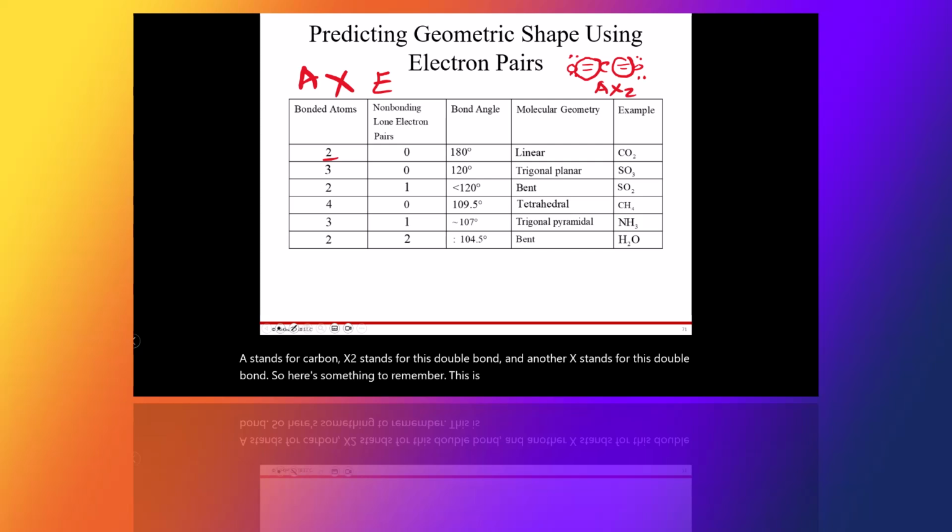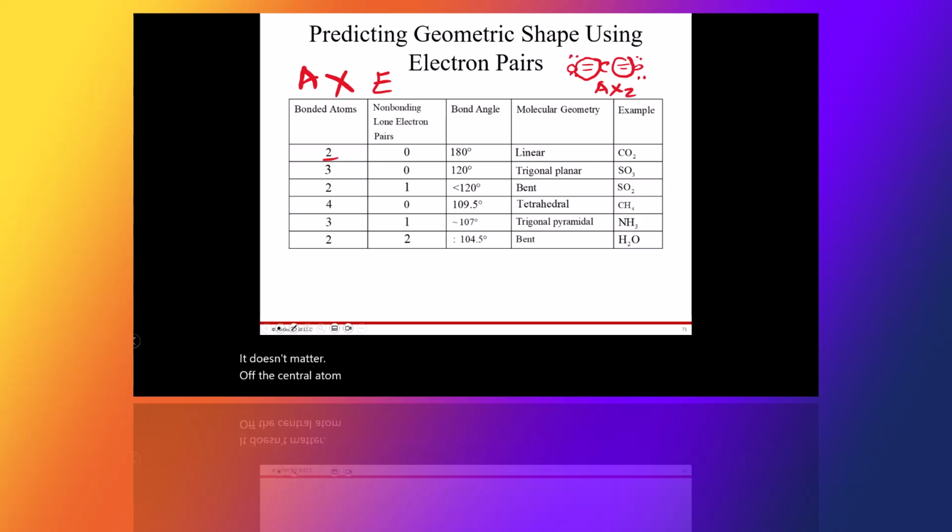It doesn't matter off the central atom if it's a single, double, or triple bond. That is considered an X. It's just a bonding group. So even though there's a total of 2, 4, 6, 8 electrons coming off the carbon, we call it AX2 because VSEPR does not distinguish between a single, double, or triple bond.